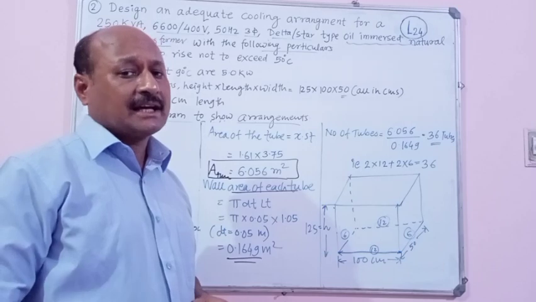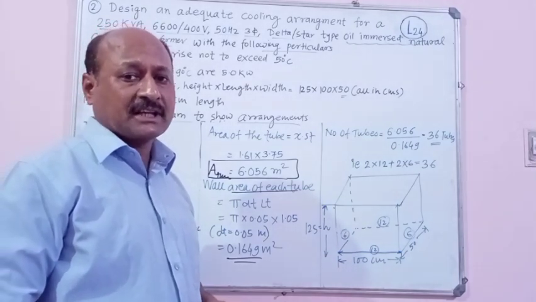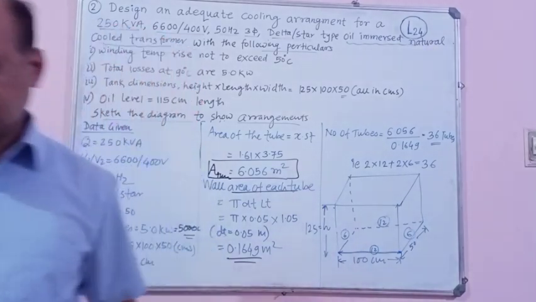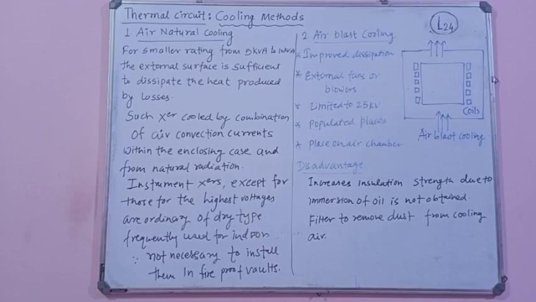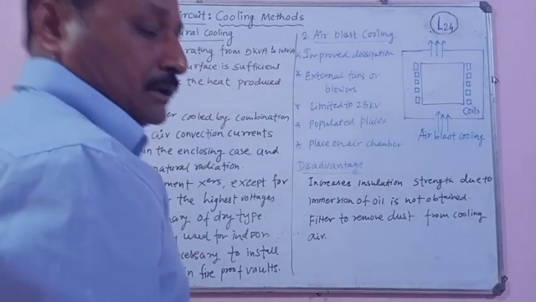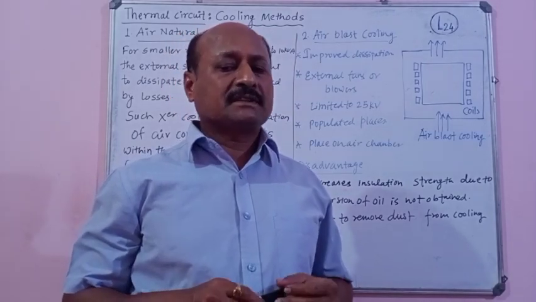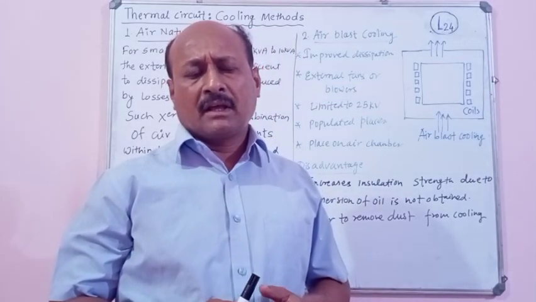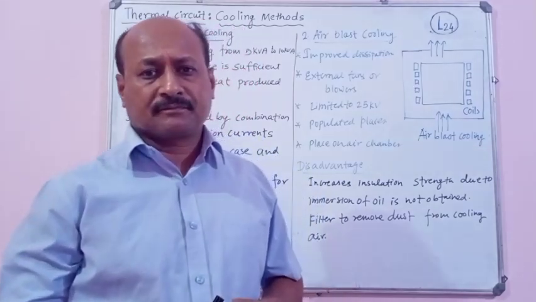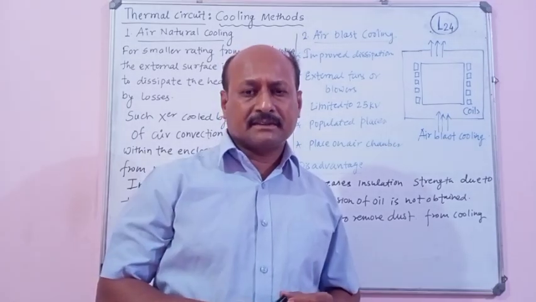Now see the last topic of unit number 3, that is the cooling methods or the thermal circuit. In the thermal circuit we have to study the different cooling methods required for the transformer to dissipate the heat.